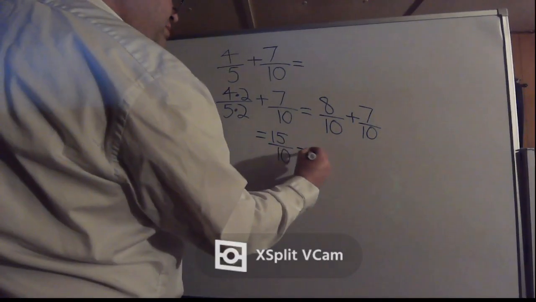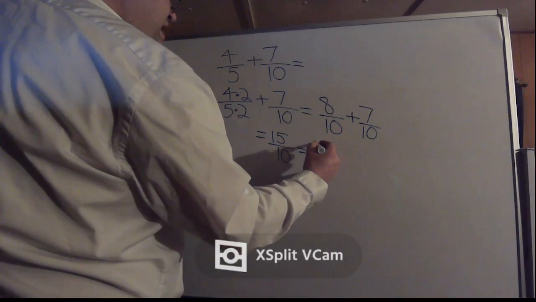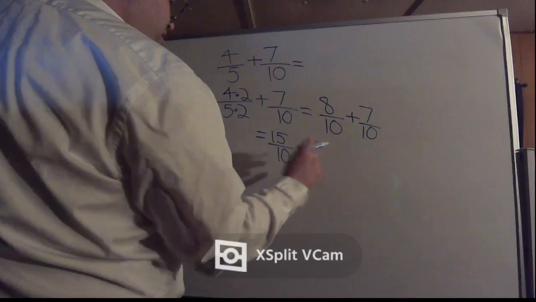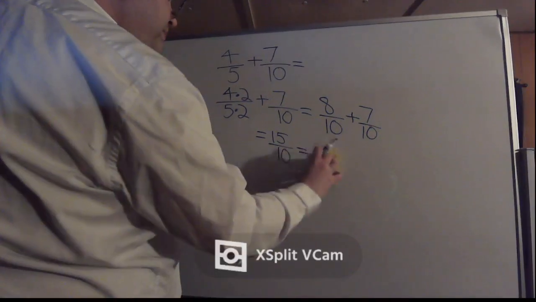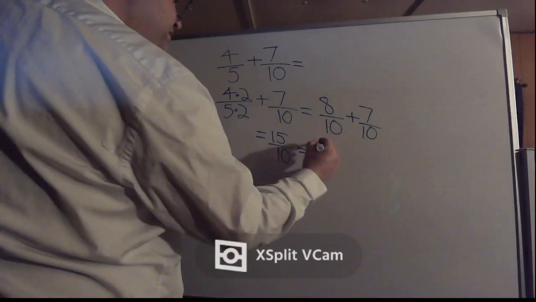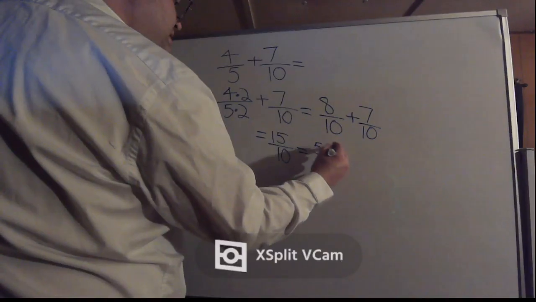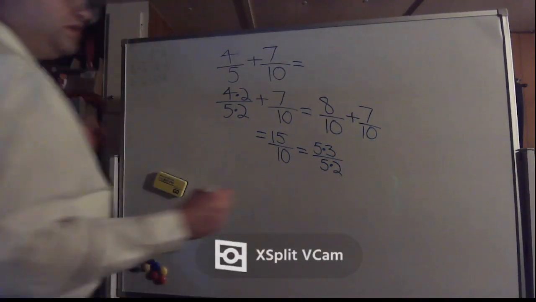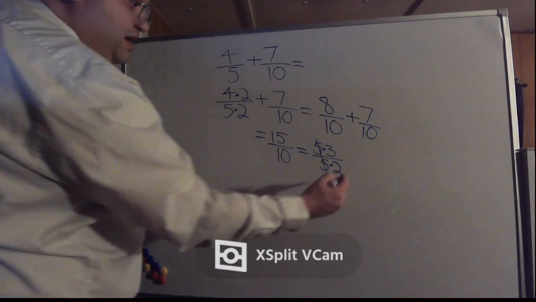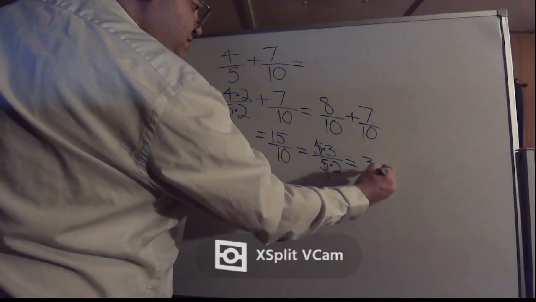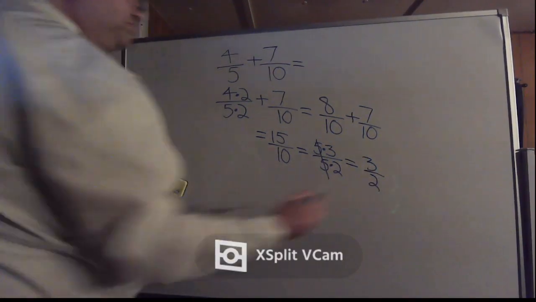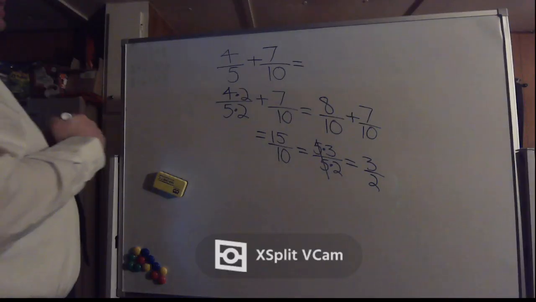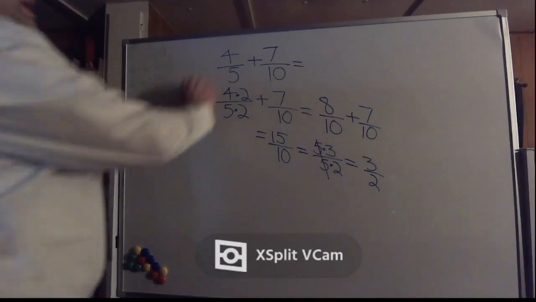So if you divide by 5 or you factor out a common 5, you will get 5 times 3 over 5 times 2. Then you factor out your common 5, and your final answer is 3/2. So there's that answer.